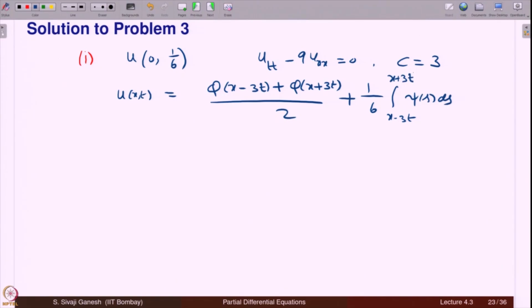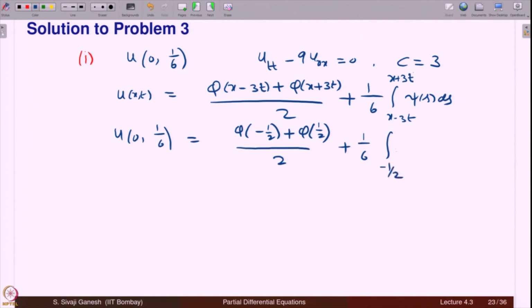Now, it is very easy, u of 0 comma 1 by 6, x is 0. So, phi of 3 times 1 by 6 is minus half. See how simple the computation has become, minus half to half, but on this interval what is psi?